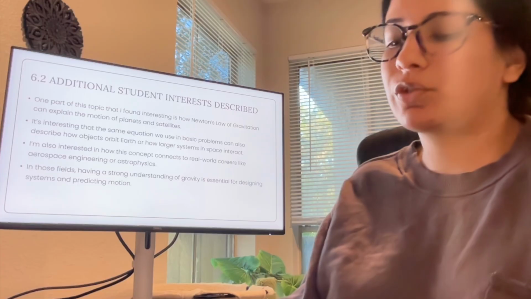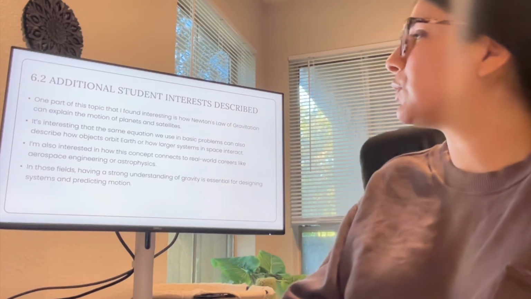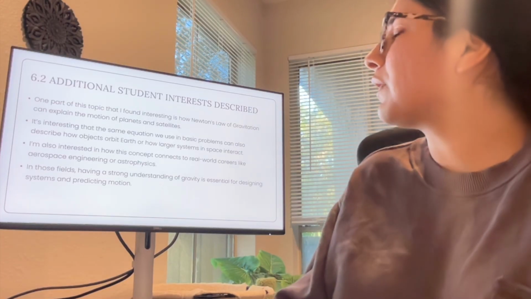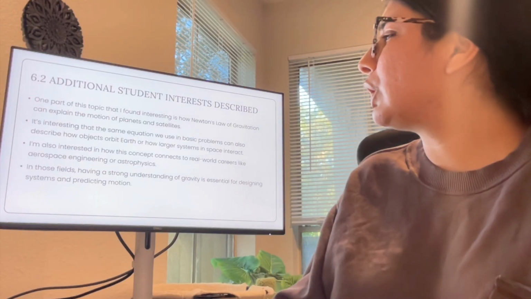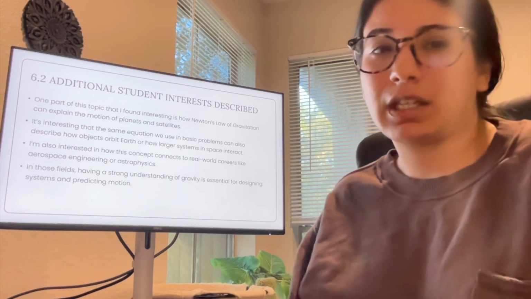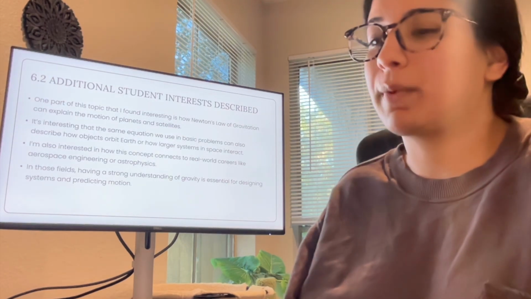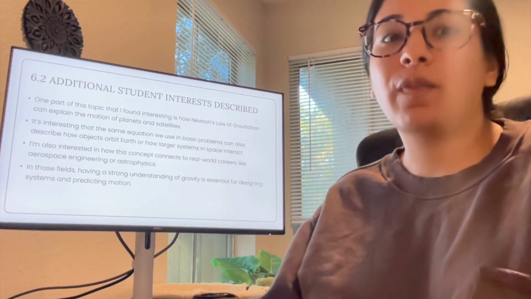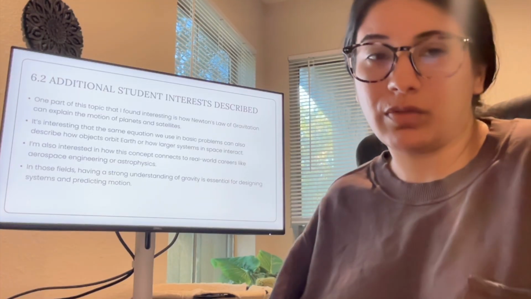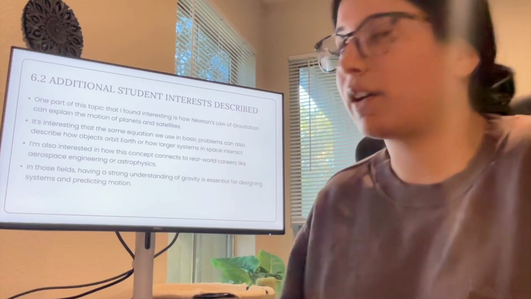Some of my additional interest was one part of the topic that I found interesting: how Newton's law of gravitation can explain the motion of planets and satellites. When you think about it, you're like, oh, they're just floating in space, but no, they have gravity to other things to keep them there.